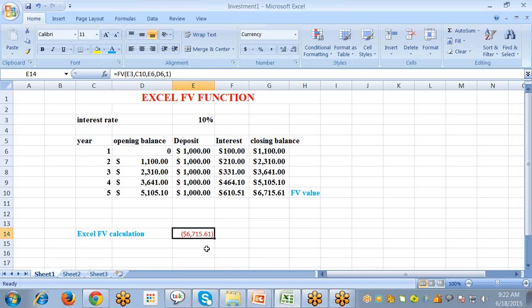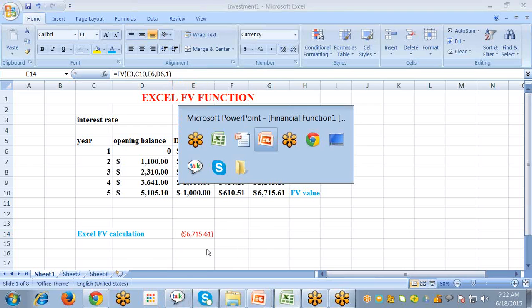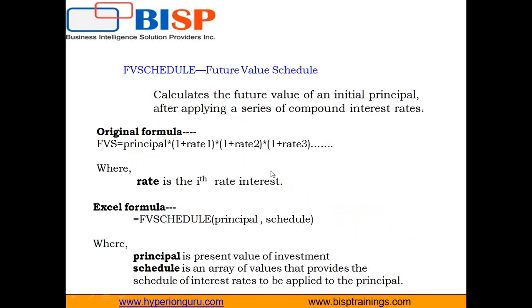Now, next we have the FV schedule function. The next function of the investment value functions is the FV schedule function. The Excel FV schedule function calculates the future value of an investment with a variable interest rate.